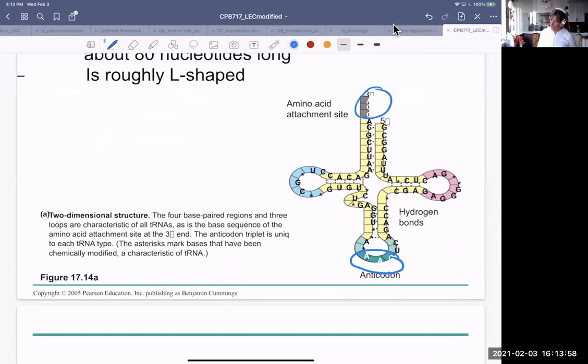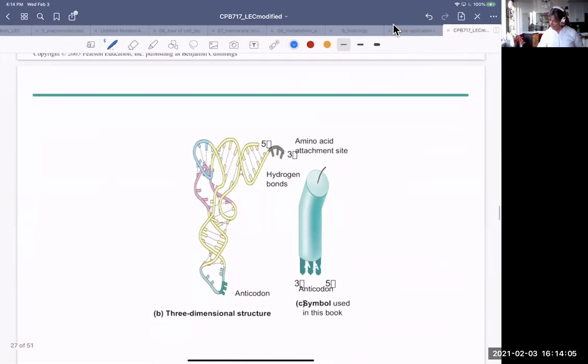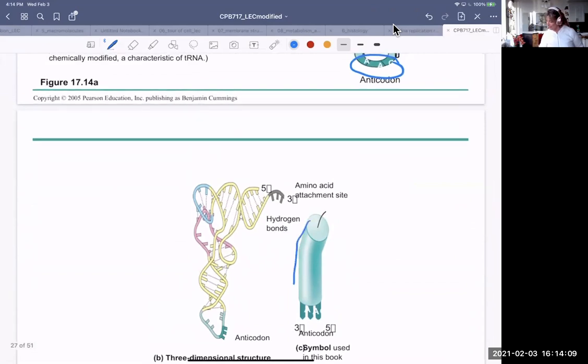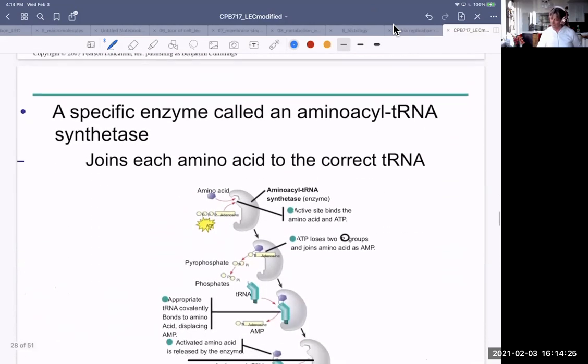It's kind of a looped molecule. That's it in 2 dimensions, but this is what it might look like, something like that in 3 dimensions. That's why this particular shape is used to portray it. So this is the attachment site for the amino acid and the anticodon at the other end. It's important to have that structure.